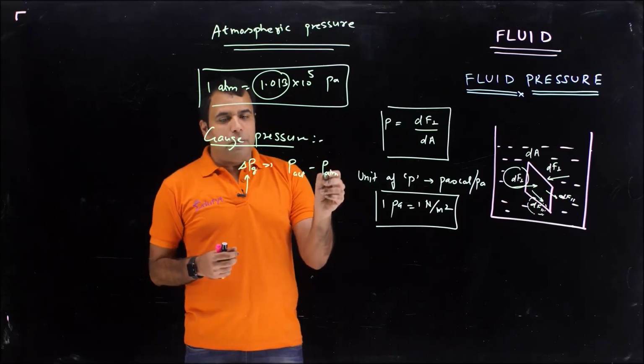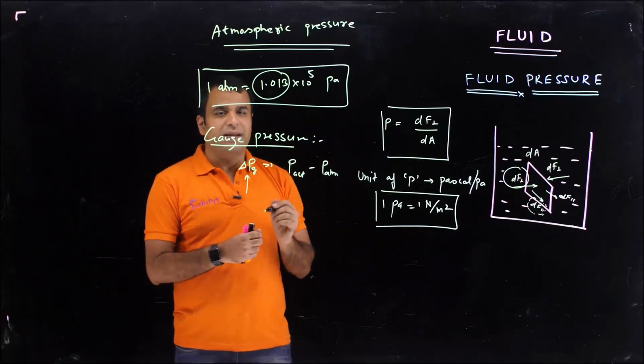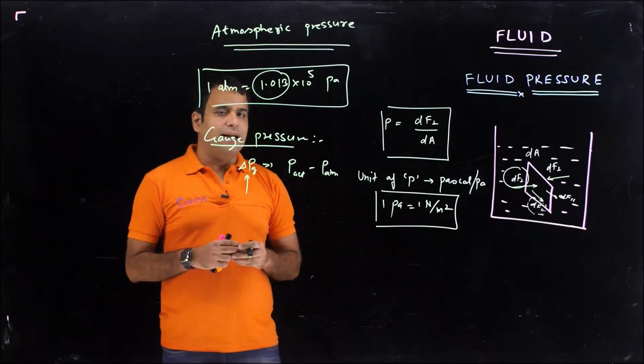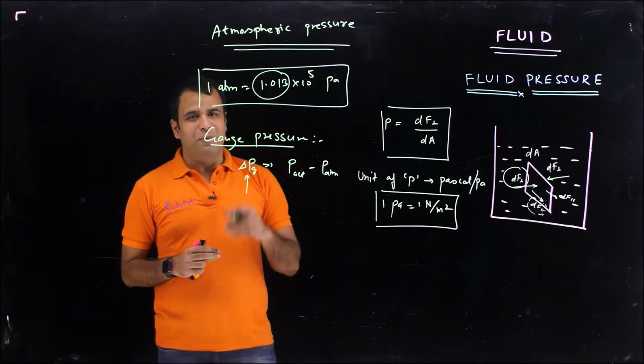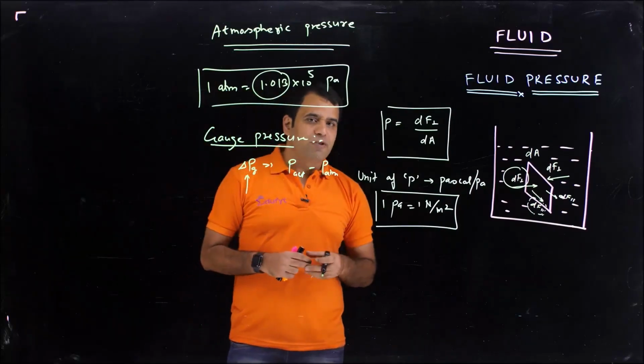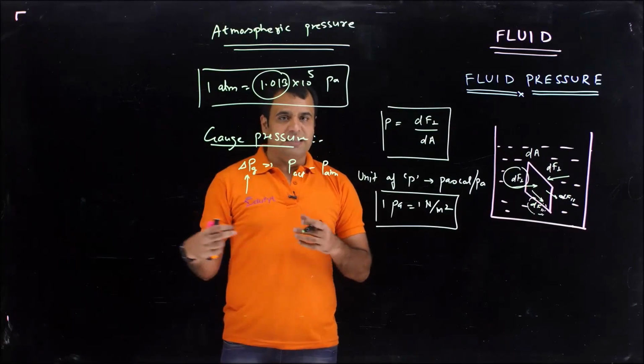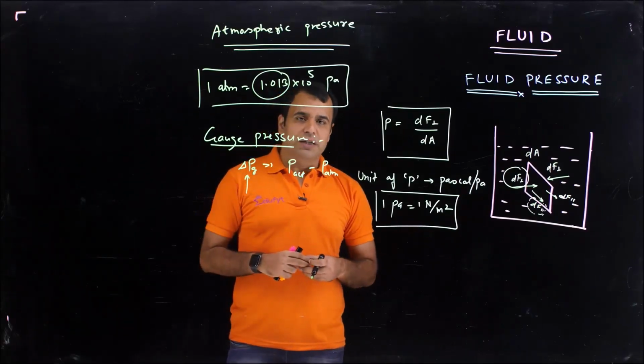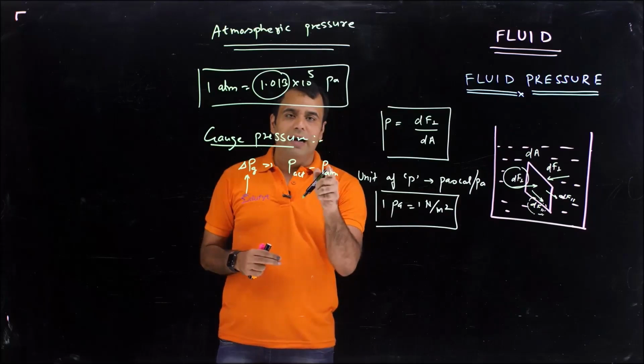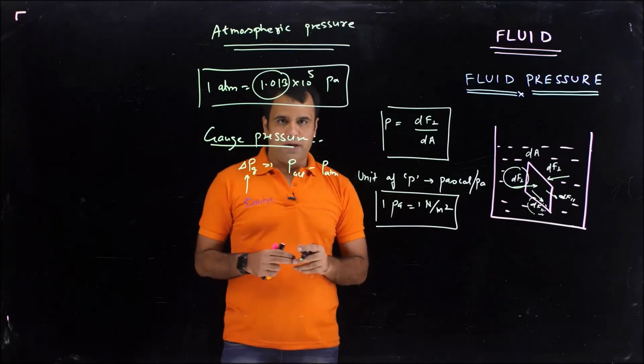The atmospheric pressure we already know; it is the known value in the majority of cases. So we can calculate the actual pressure using this machine. Majority of the time when you solve questions, the examiner will provide you not the pressure but the gauge pressure. It's just a word. When he provides you the gauge pressure, to calculate the actual pressure you have to add the atmospheric pressure to that value. Only for that.